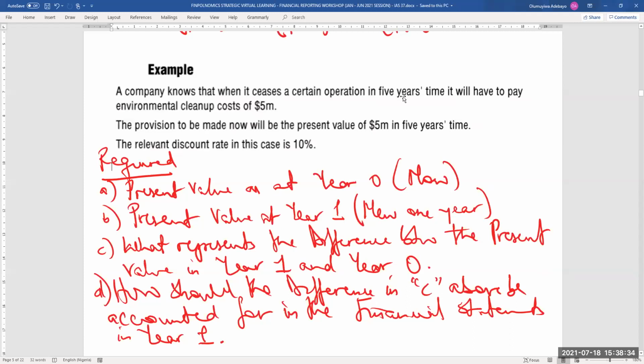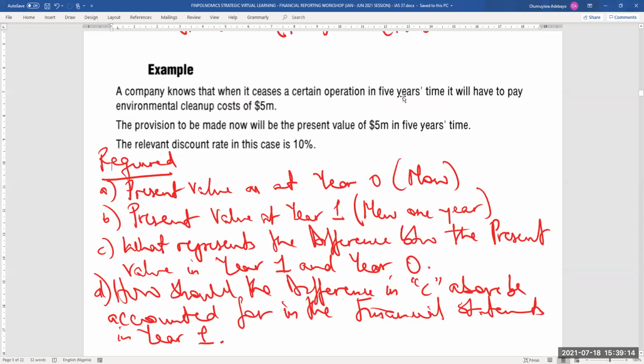It will pay less than 5 million for now. We know the rate, which is 10%. In 5 years' time, the future amount is 5 million. So we discount it to the present at this rate. I think that's what we do for the present value. We can use maybe the PV formula in Excel to do that. I don't know, but I think that's how it should be.